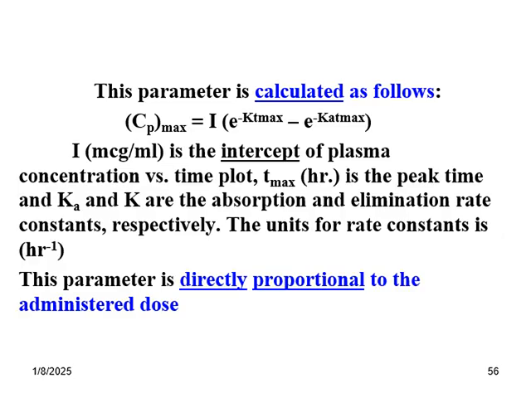The unit for a rate constant is the reciprocal of hour, hour to the power of -1. This parameter, Cpmax, is directly proportional to the administered dose. On this slide, this knowledge point is very critical for you to know. You will be tested on that.